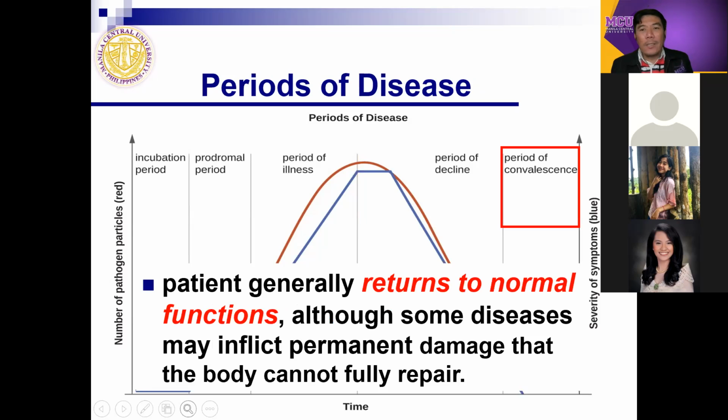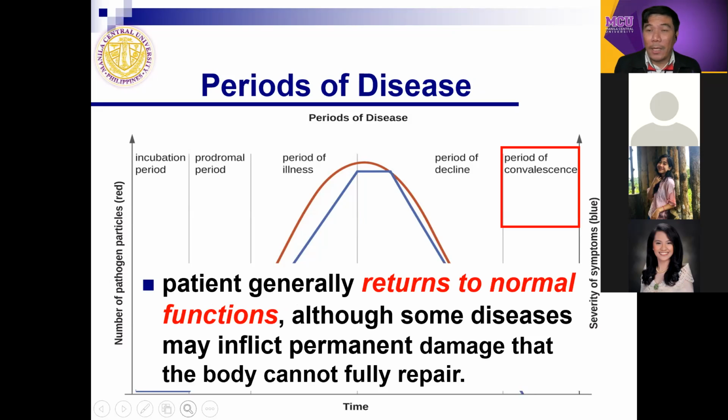And once the patient reaches the period of convalescence, the patient generally returns to normal functions. For example, if the patient was hospitalized, obviously his or her condition was well monitored and treated.